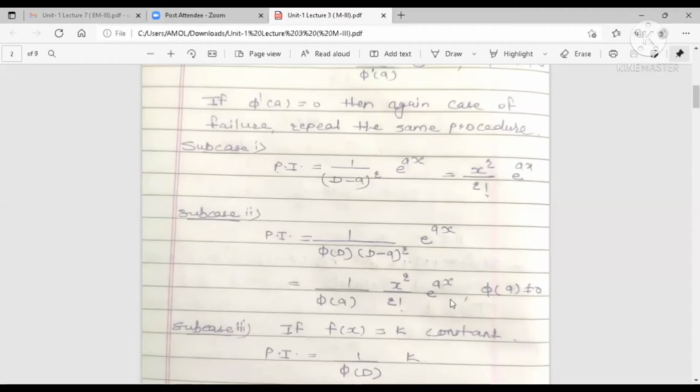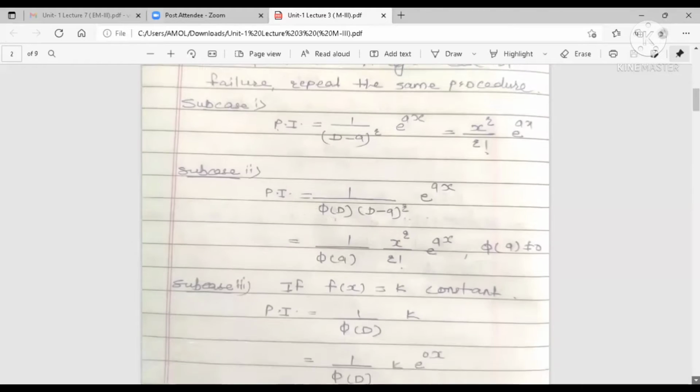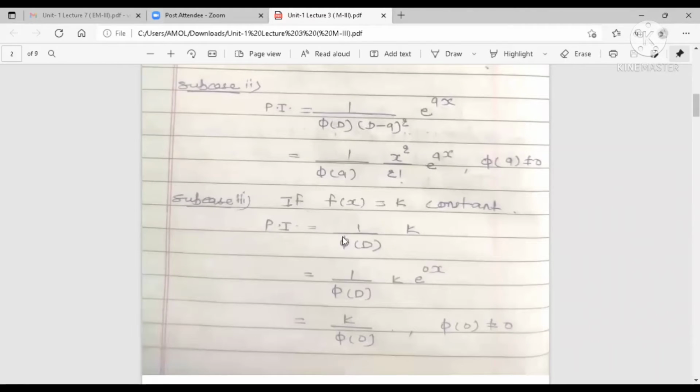Case 1, subcase 3. If f of x is equal to k, a constant, then how to find the PI? Then the PI is equal to 1 upon phi of D into k, because your function is a constant term k. In that case, you replace D by 0, and that function will be phi of 0.